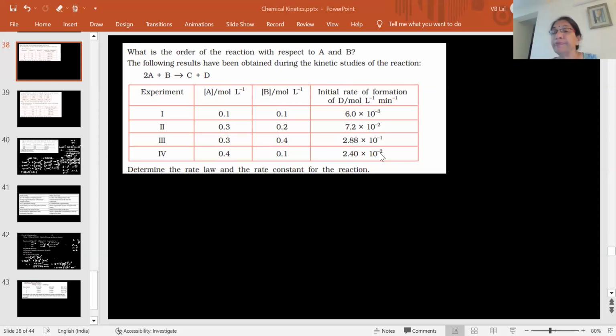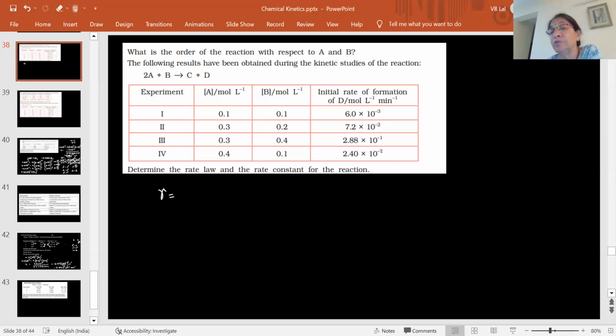Now, Sai Kalyan will explain the question answer to everyone. Sai Kalyan, now explain. How will I write the rate law?